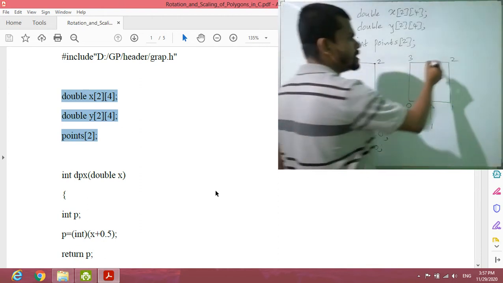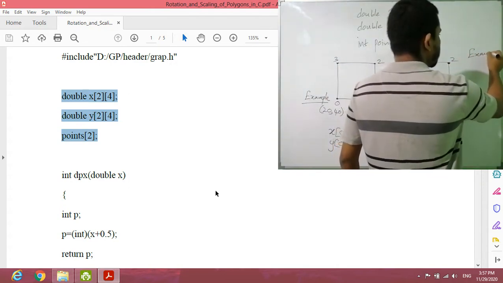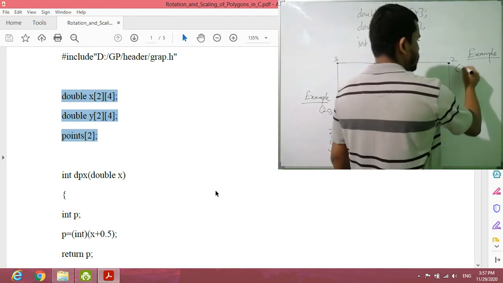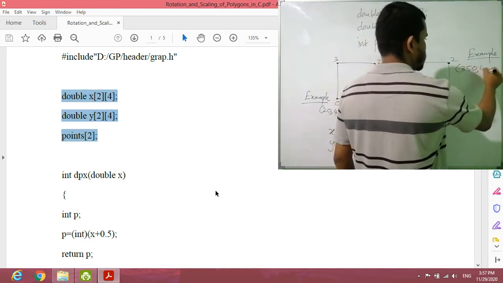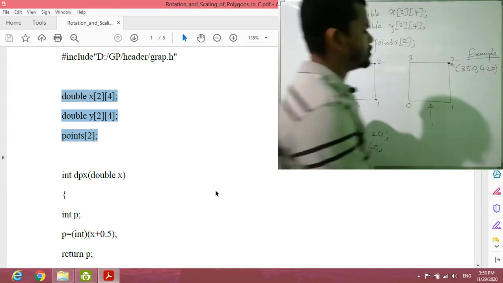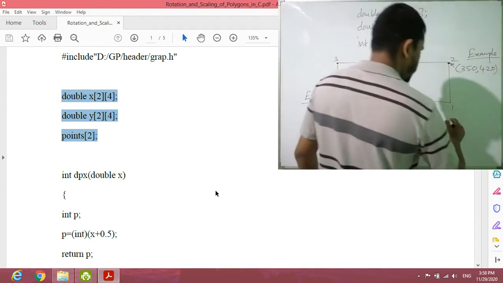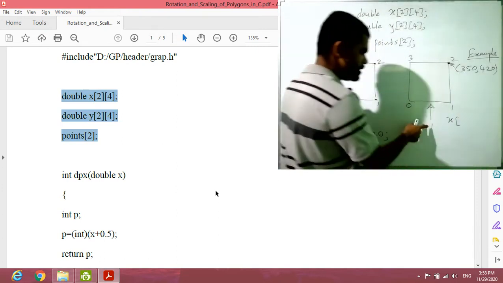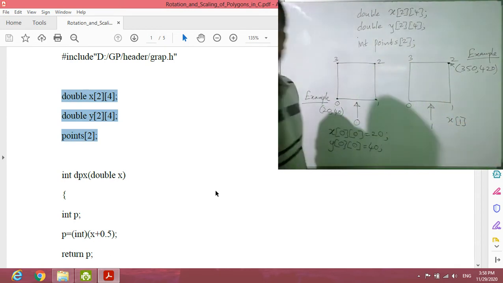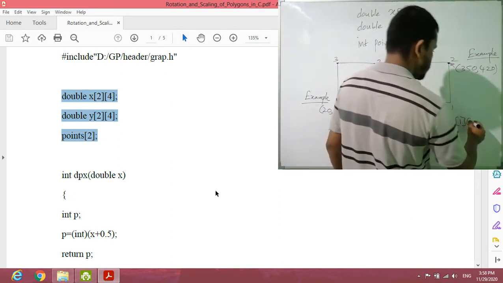Another example. Let's say the coordinates of this vertex are this one. So how can we store that? For x, the index of this square is 1, and the vertex index is 2.